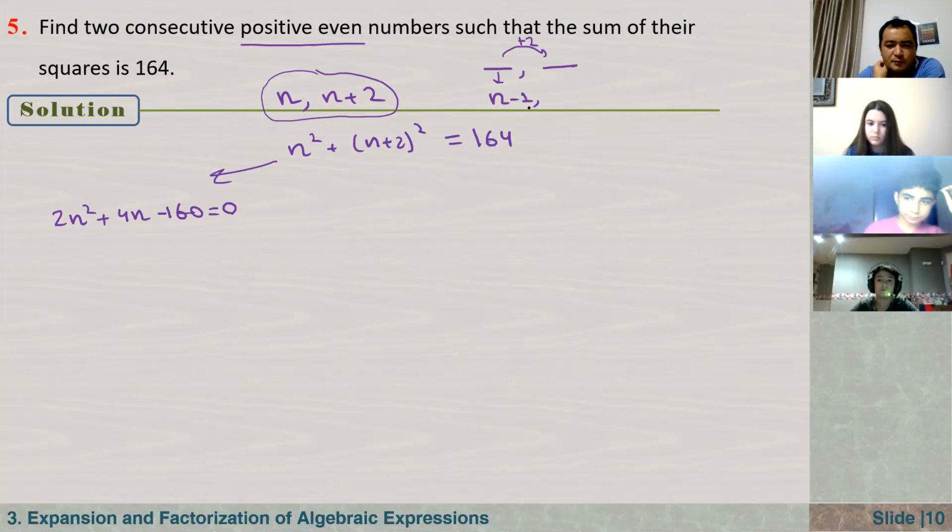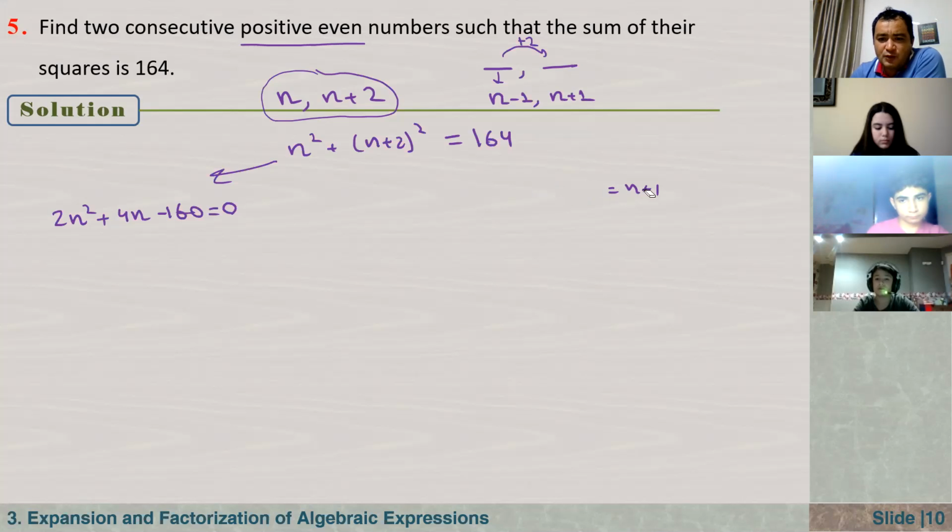Imran, what is n minus 1 plus 2? That's equal to n plus 1, right? This is the trick here. Since the first is n minus 1, the next number should be n plus 1.